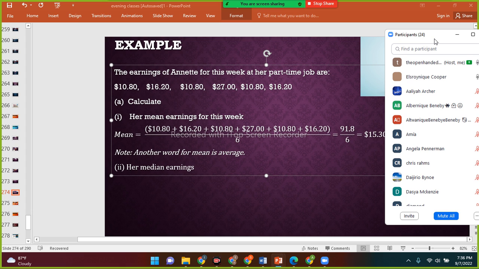Numerical order isn't really a type of order, because numerical just means number.